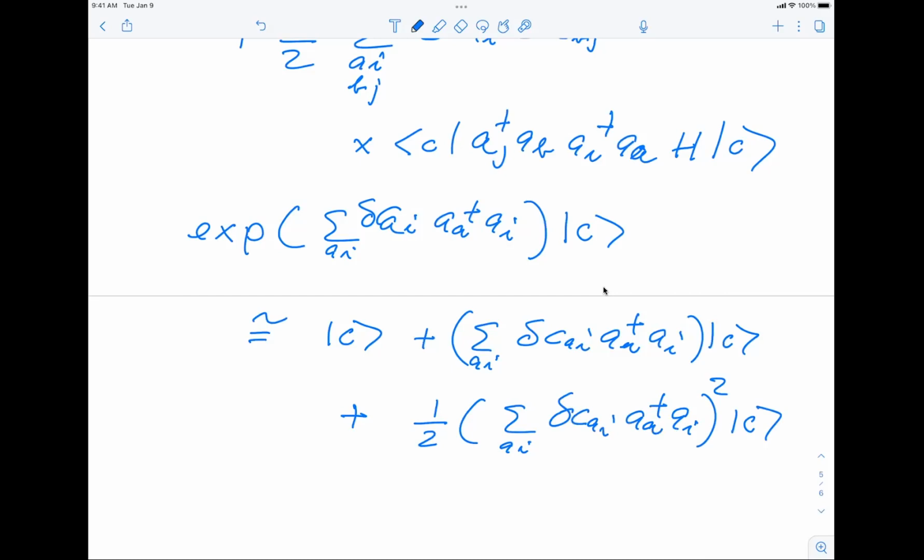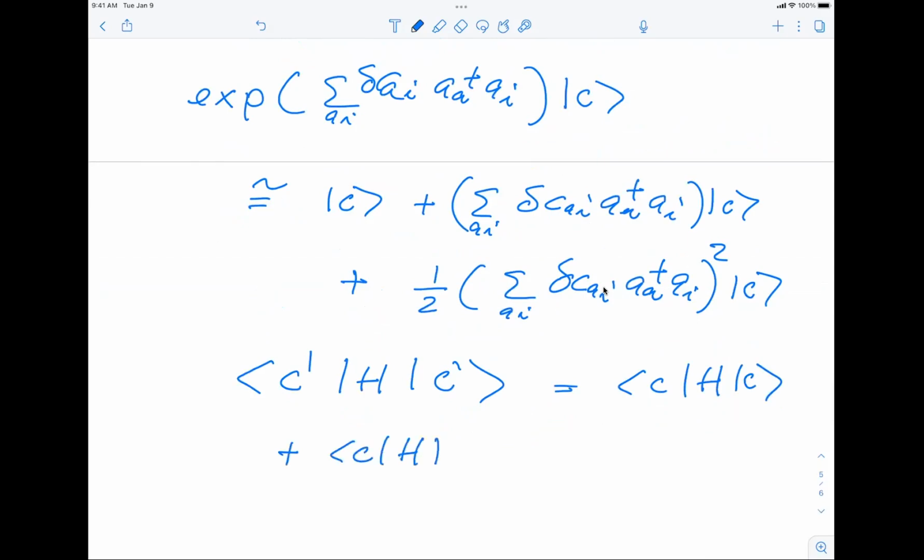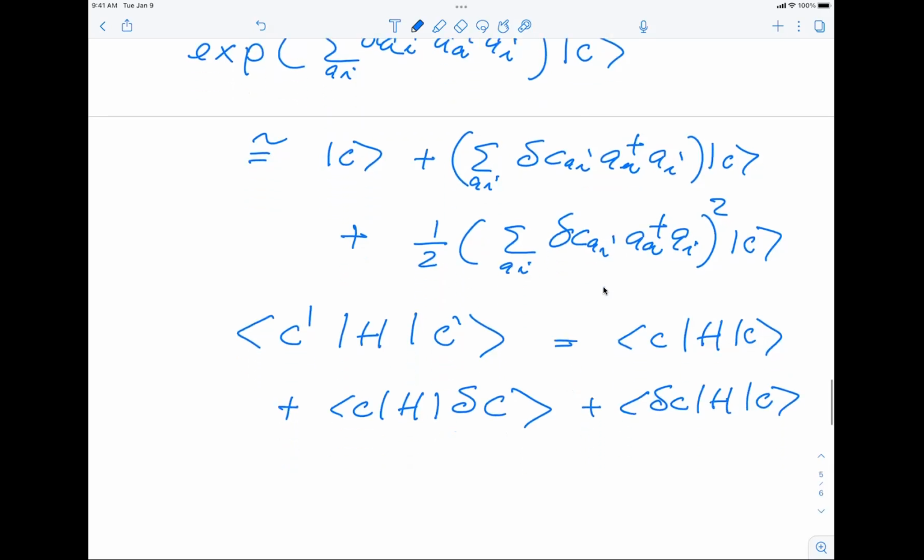And the reason why I stop at second order here is that when we look at the matrix elements here, for this specific term I'm obviously going to get a term which is C times H times C. And then I get a term which goes like C times H delta C, and plus a new term which goes like delta C of H of C. And then I have the three higher order terms.